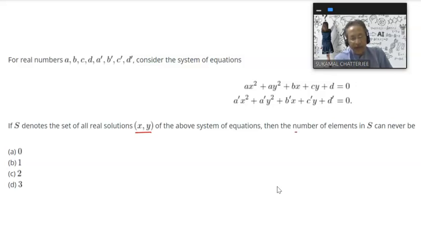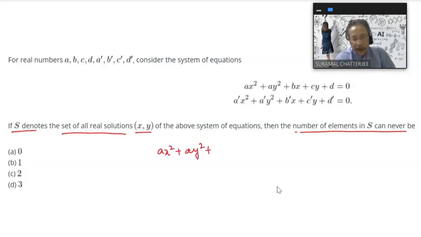S denotes the set of all real solutions, so the number of elements of S can never be what? They are asking that the number of solutions can never be equal to which number. If I look at the first expression, ax square plus ay square plus bx plus cy plus d equal to 0, there can be two cases.